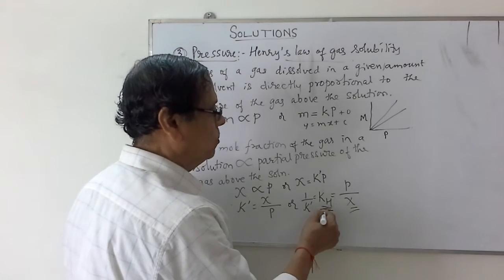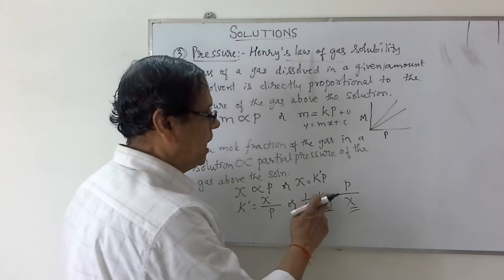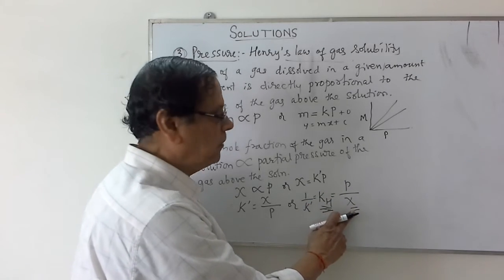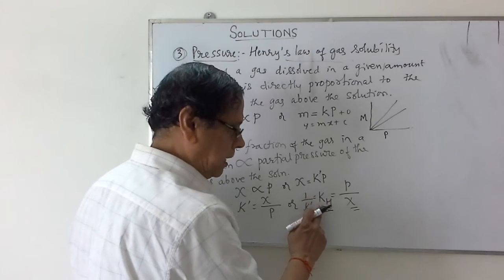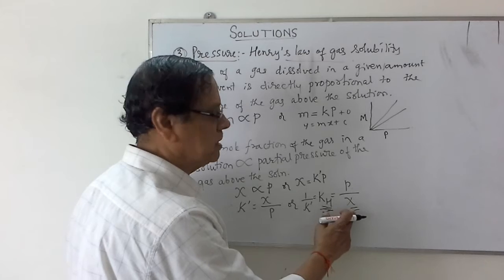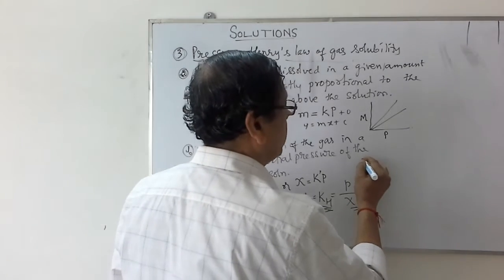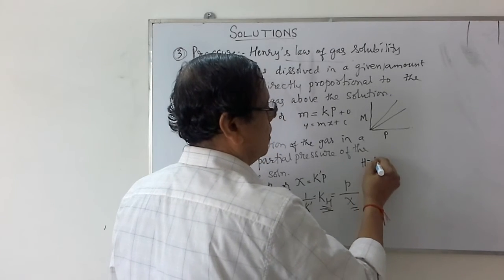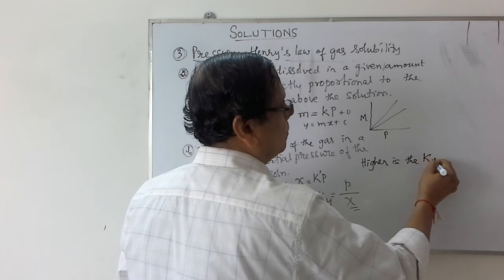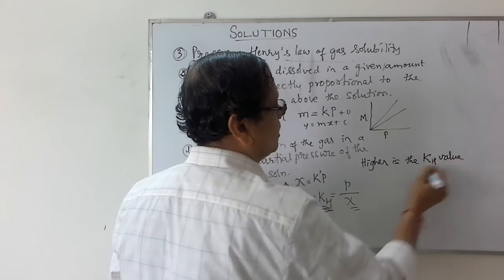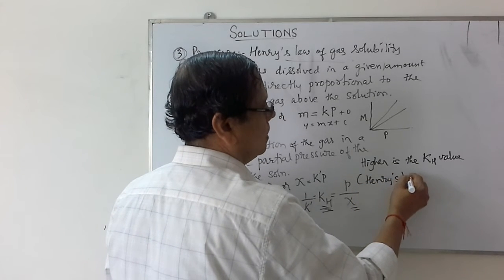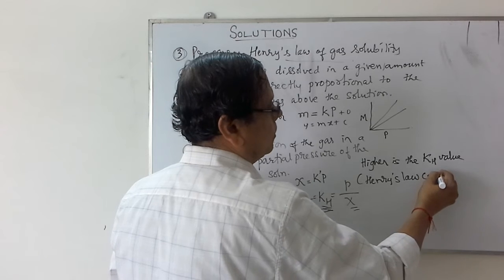Higher the KH value, lesser is the solubility, because as the pressure increases, KH increases, and the mole fraction decreases. Therefore, higher is the KH value, lesser is the mole fraction. KH value is nothing but the Henry's law constant value.